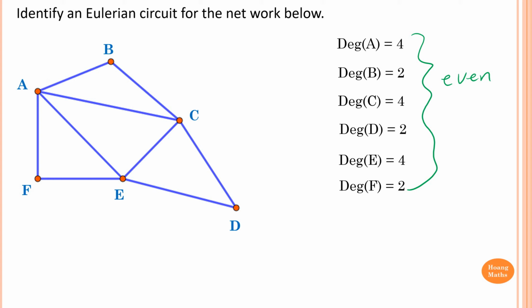Now, of course, there are multiple answers for this question, so your answer could be different from mine. Make sure your answer meets all the conditions, okay? Let's start from C here.